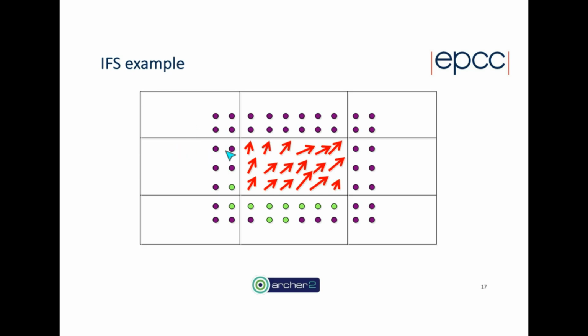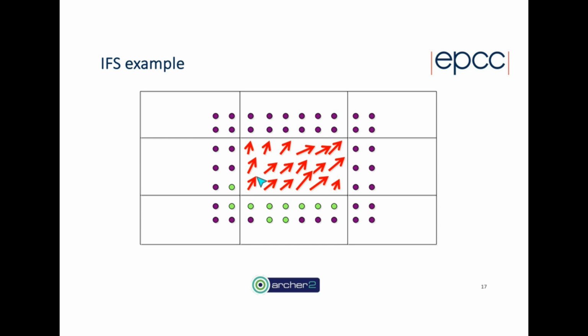So here are our 2D domains of the surface of the Earth, and suppose this middle process here. Suppose these red arrows represent the current wind flow direction.